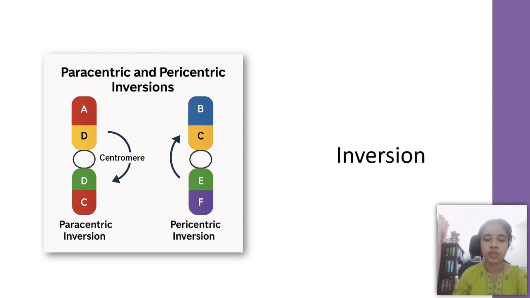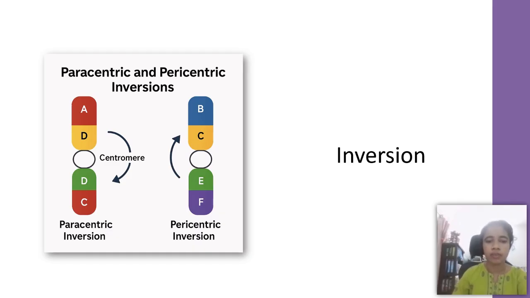Now, there are two types or forms of inversions: paracentric and pericentric. Paracentric is where the centromere is not included along with the inversion. So the flipped segment lies on one arm only. For example, ABCD becomes ABDC.